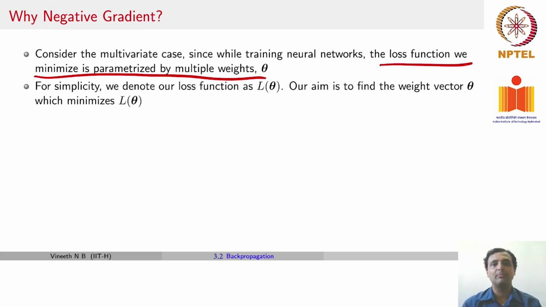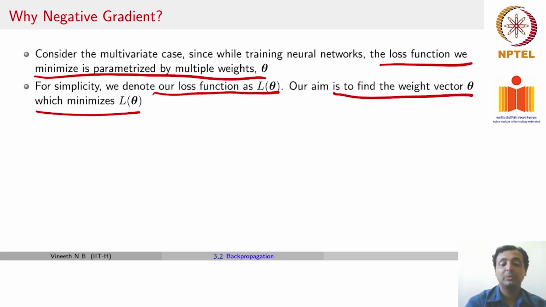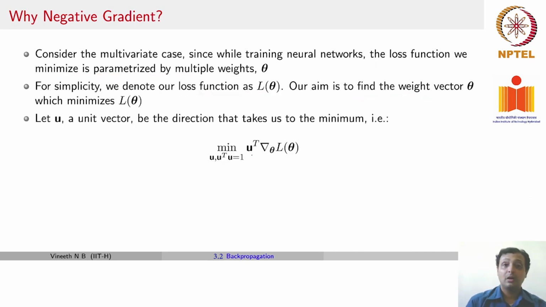Let's subsume all the weights and the biases into one quantity known as theta. Let's now denote this loss function as L of theta, and our aim is to find the weight vector theta which minimizes L of theta, very similar to what we saw on the earlier slide.